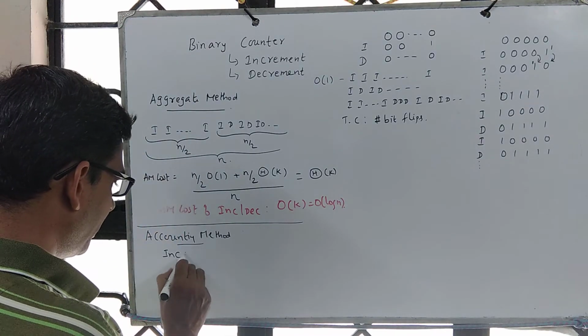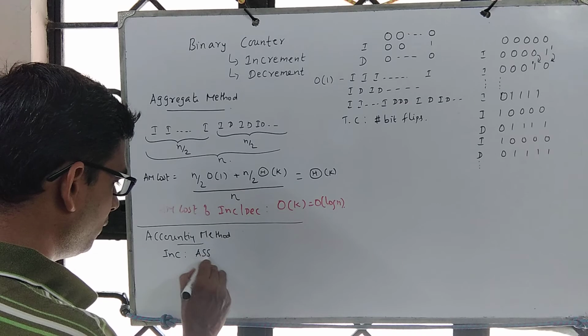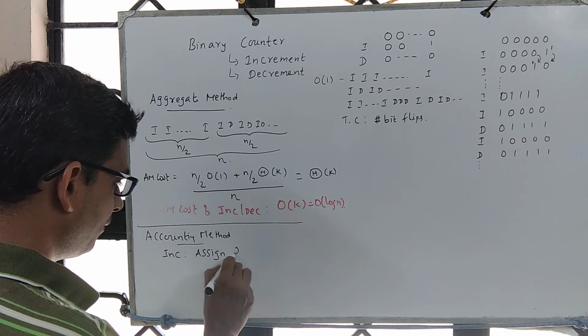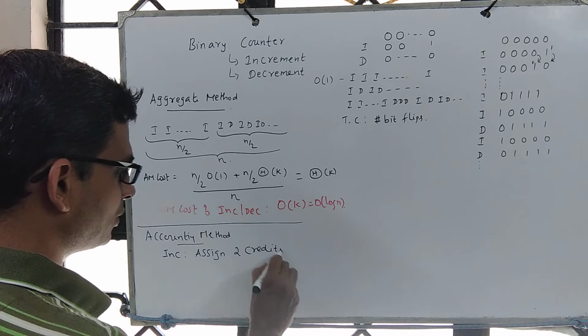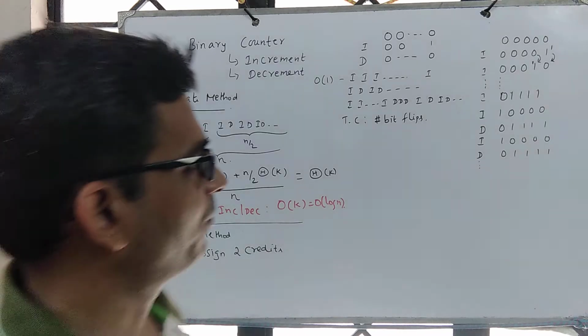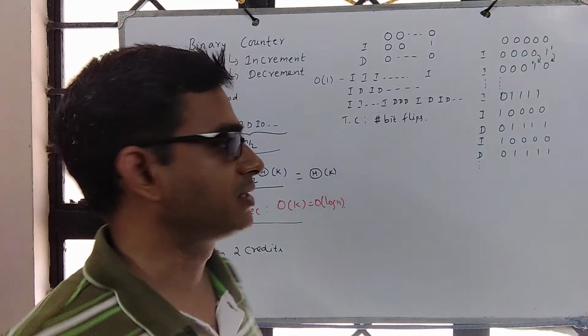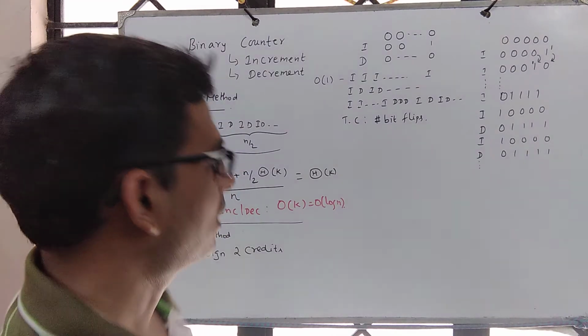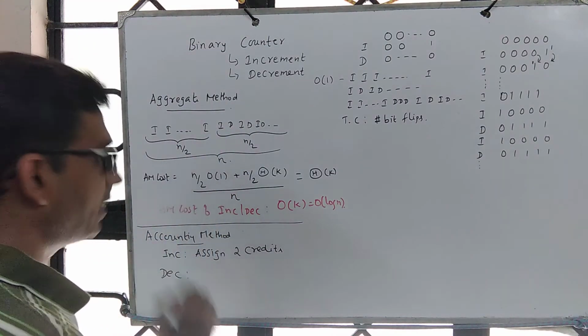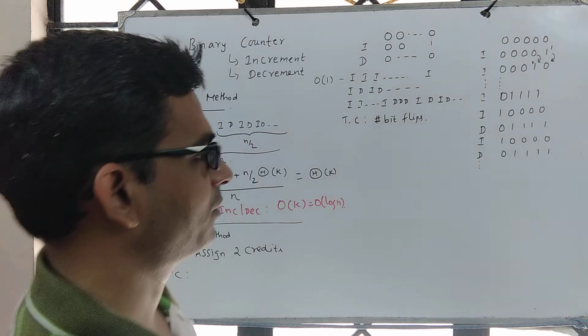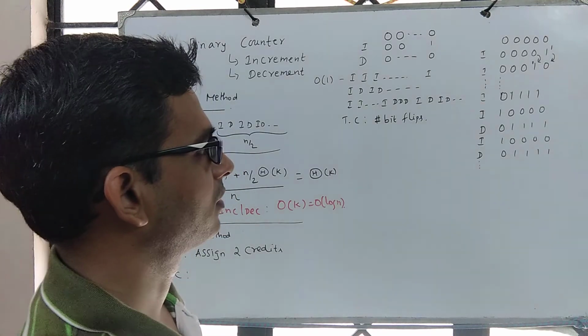So for increment, assign 2 credits, of which one is the actual credit, the other one is stored with the framework or the data structure. Now what about decrement? For decrement, how much are we supposed to charge?